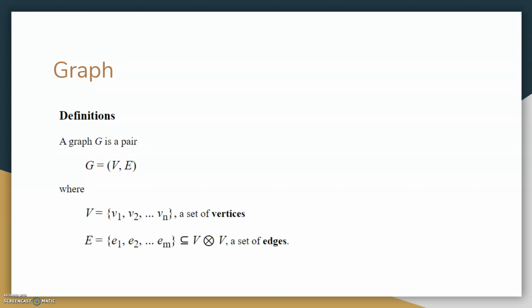Here you can see this is a graph G, a pair G equals (V, E), where V is a set of vertices, denoted V1, V2, all the way to Vn, and E is the set of edges, denoted E1, E2, all the way to Em, just to distinguish vertices and edges. We use n and m because in general we don't know how many there are, but in problems it will be a specific number.